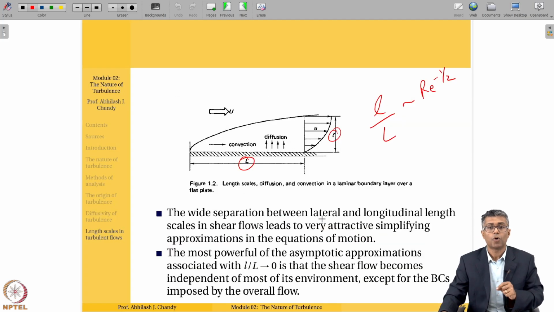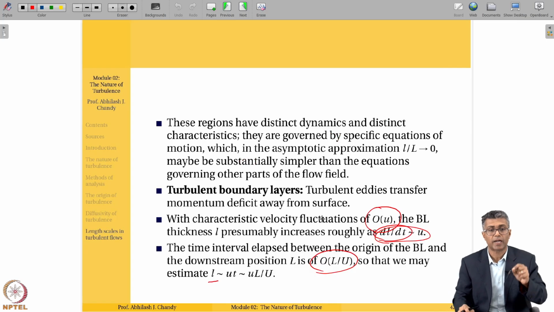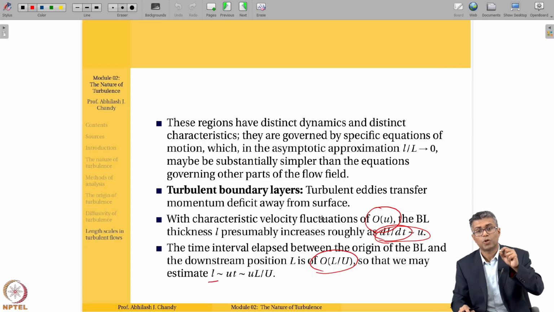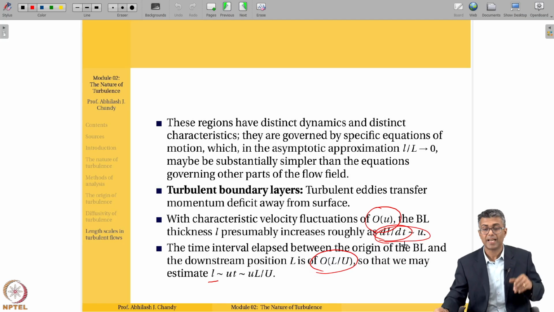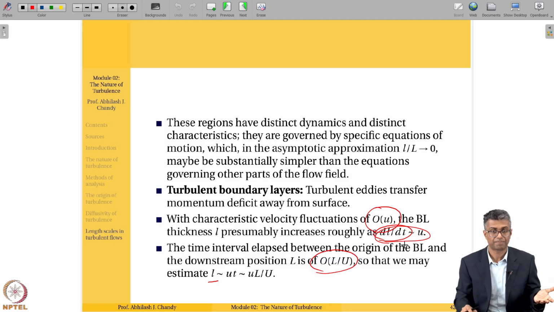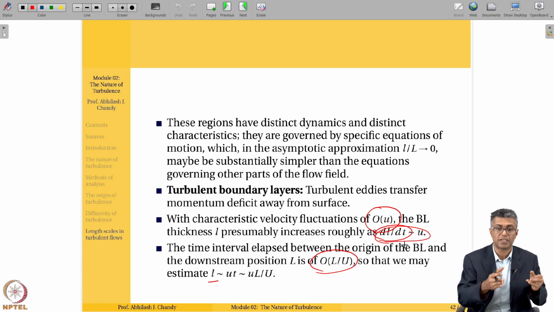If you look at the turbulent boundary layer and the rate at which that L is increasing, it is now a function of the velocity fluctuations, as opposed to in a laminar flow where L is a function of nu t, the kinematic viscosity.